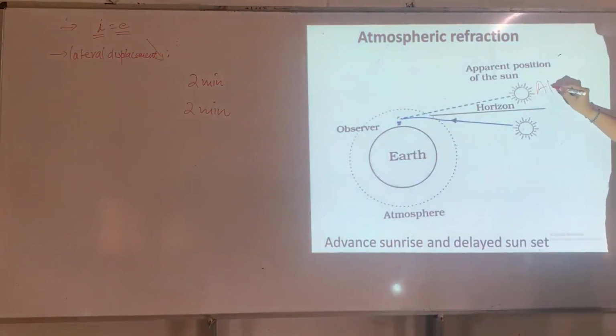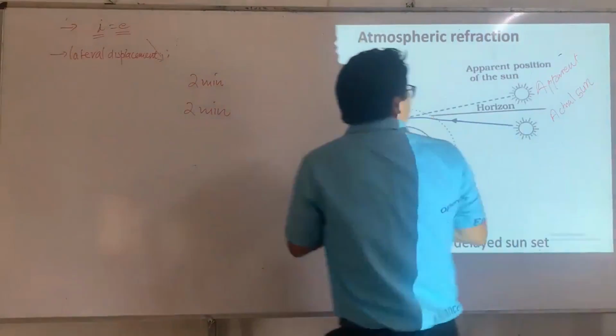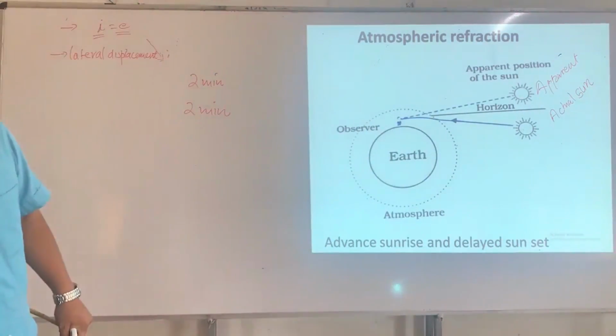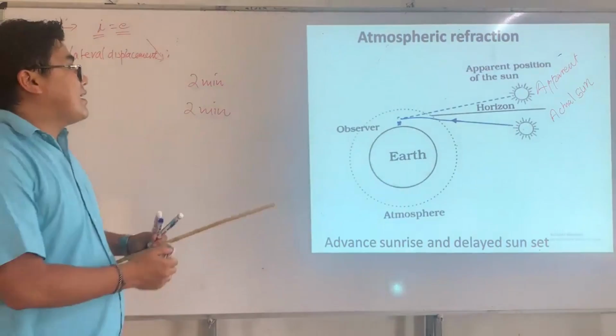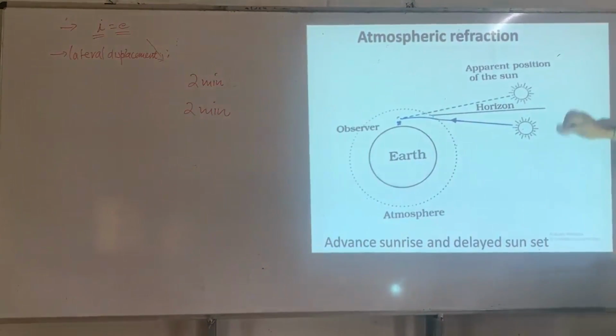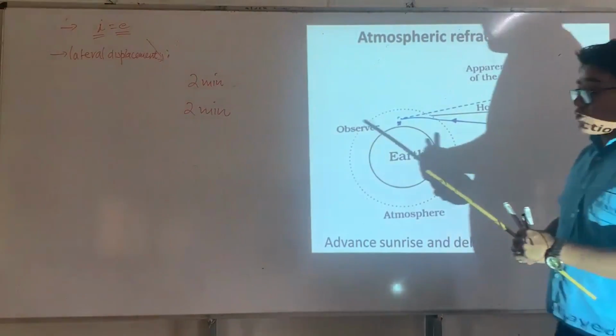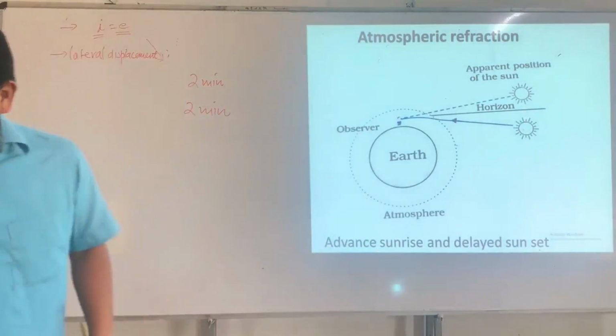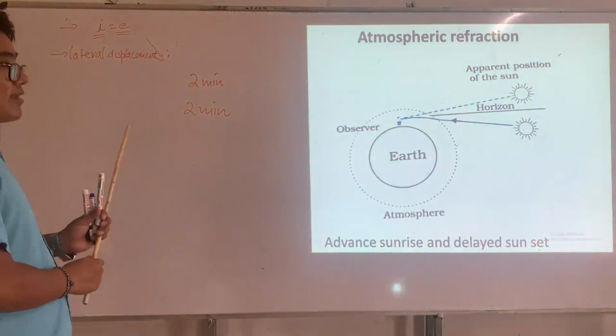This is what we call the apparent sun, and this is what we call the actual sun. Again, atmospheric refraction. There is an apparent change in the position of the sun.